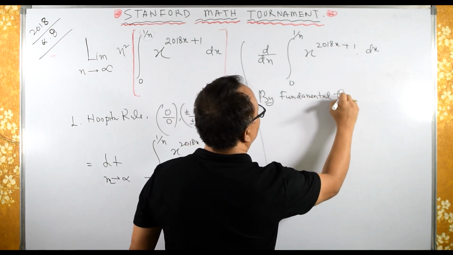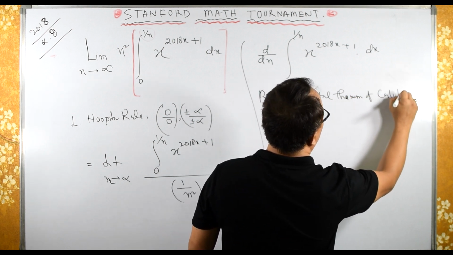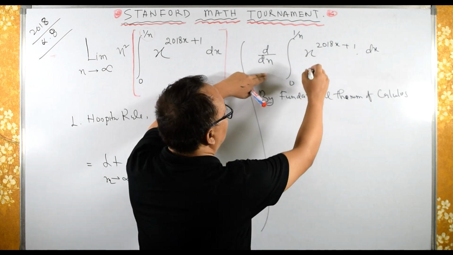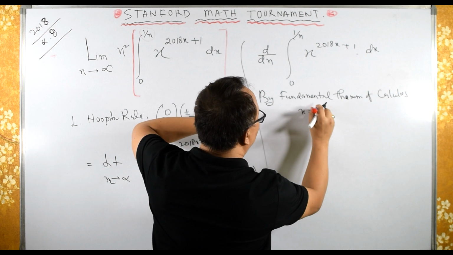By the fundamental theorem of calculus, instead of x, what do I have to write? Instead of x, I have to write 1 by n.